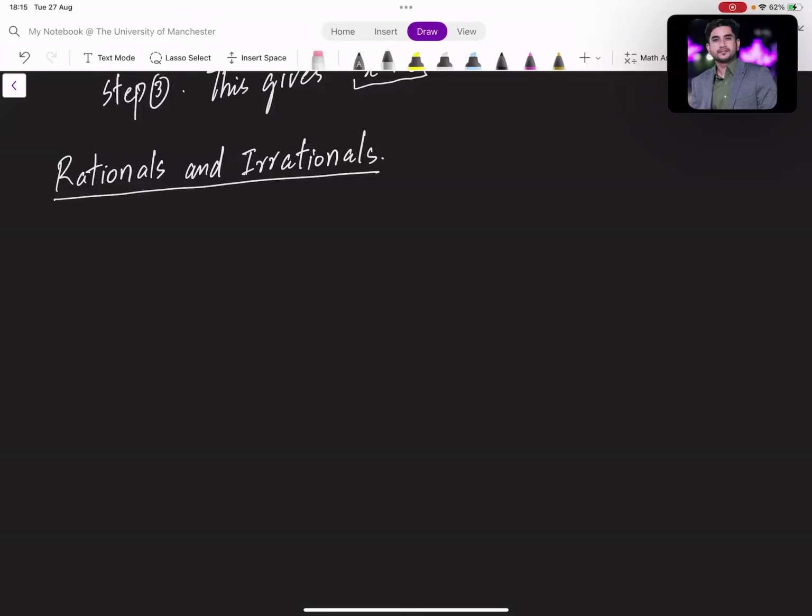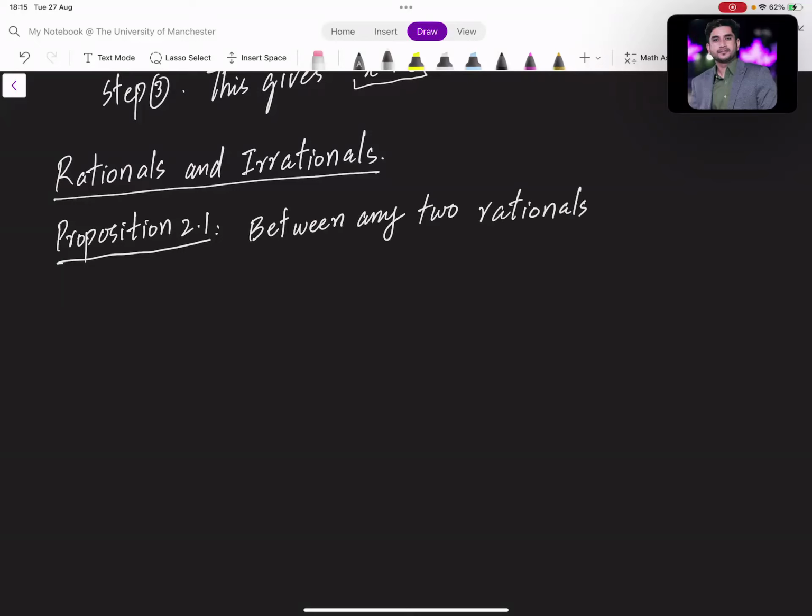There is a proposition 2.1 which says that between any two rationals there is another rational.